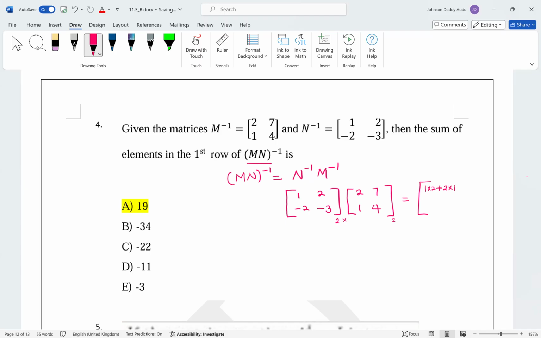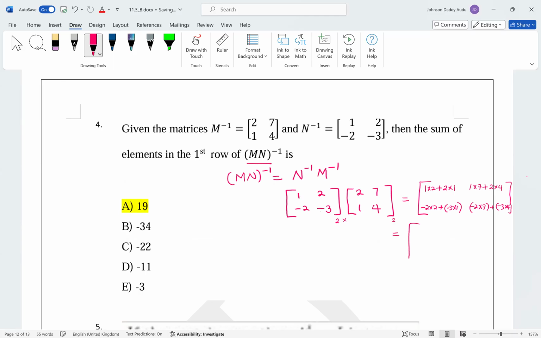Then here will be 1 times 7 plus 2 times 4. This is minus 2 times 2 plus minus 3 times 1. Then minus 2 times 7, and then minus 3 times 4.